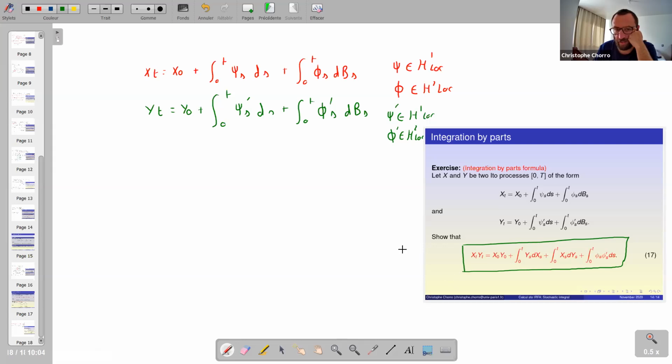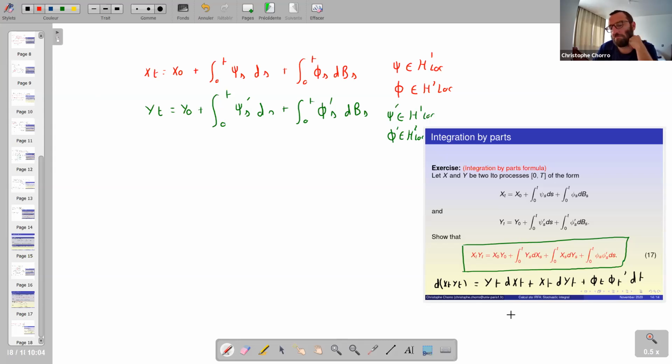If I write it using the differential notation, I have that d of xt yt is equal to yt d of xt plus xt d of yt plus phi of t phi prime of t dt.